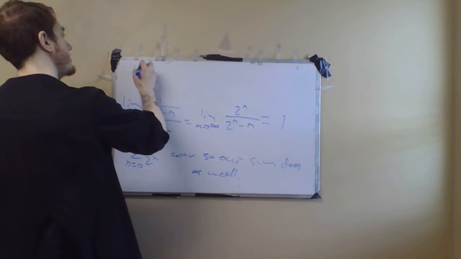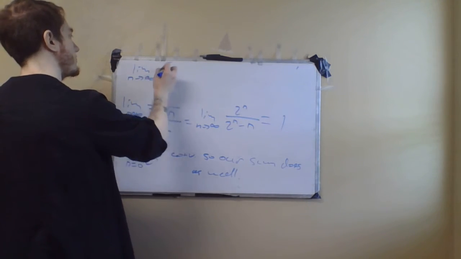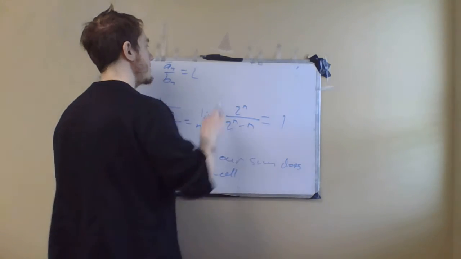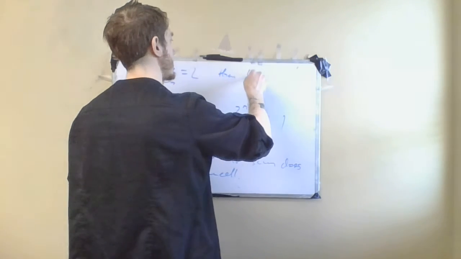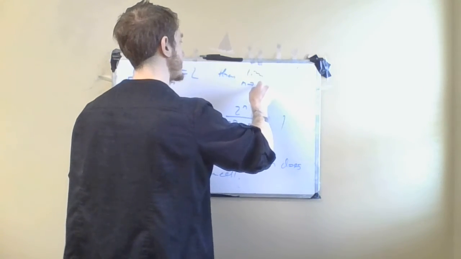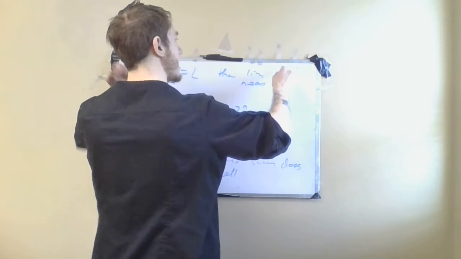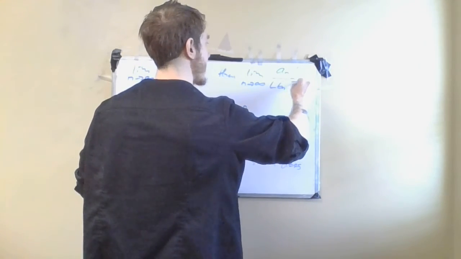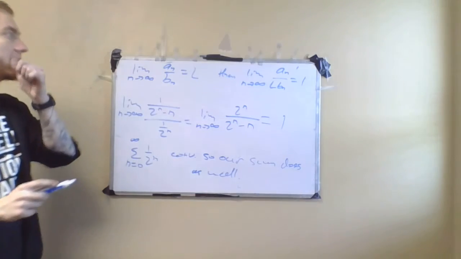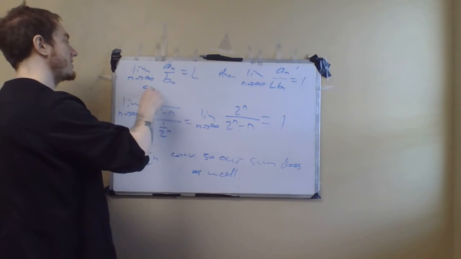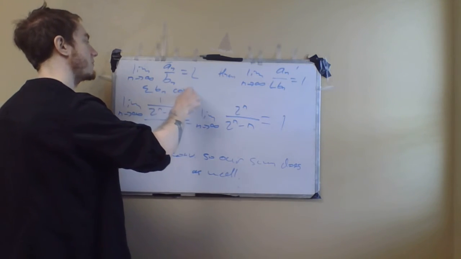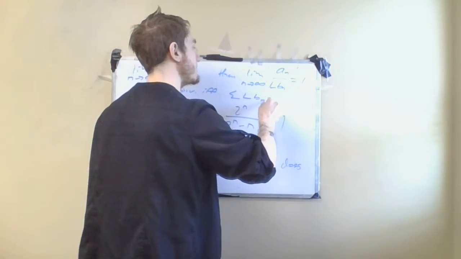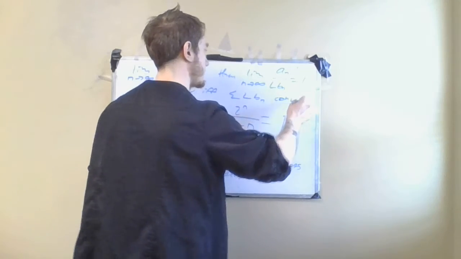So if I have the limit as n goes to infinity of a sub n over b sub n equal to L, then the limit as n approaches infinity of a sub n over L times b sub n is going to be equal to 1. And the sum of the b sub n's converges if and only if the sum of the L times b sub n's converges.